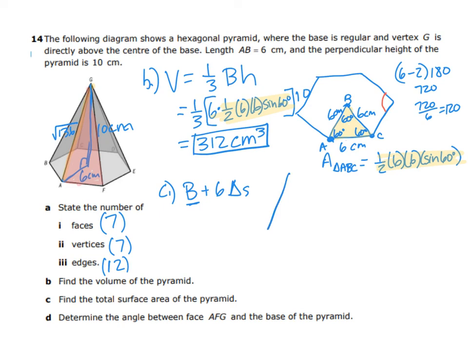It looks like this. It's going to have two sides that measure the square root of 136, and then it's got this side that is 6 centimeters. Remember, we were told in the very beginning that these edges are all 6 centimeters.